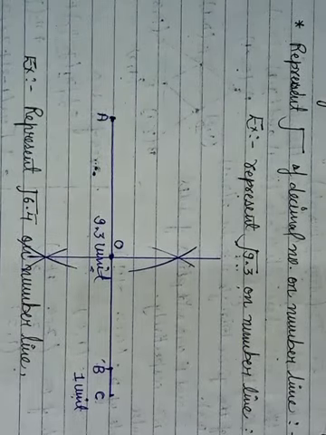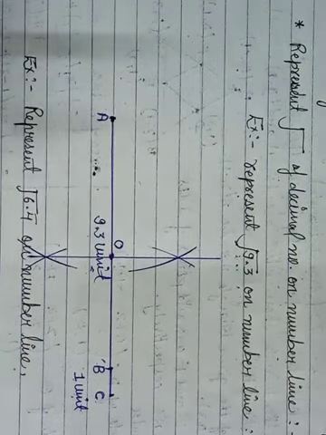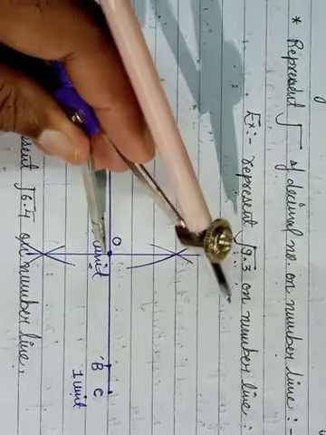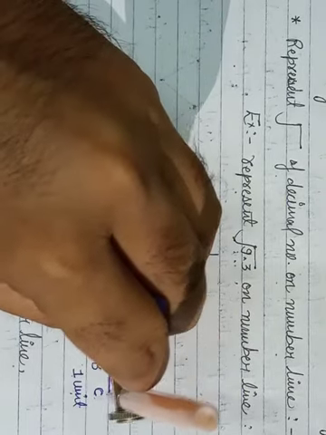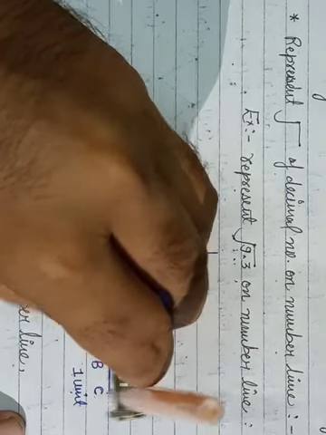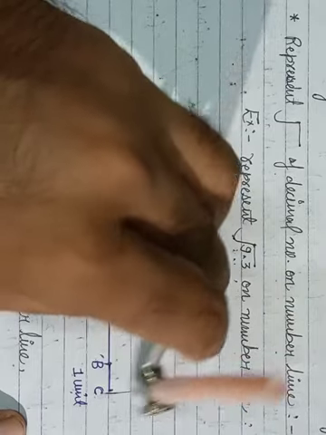Now taking O as a center, open the compass with radius OC, is that clear? And make a semicircle.